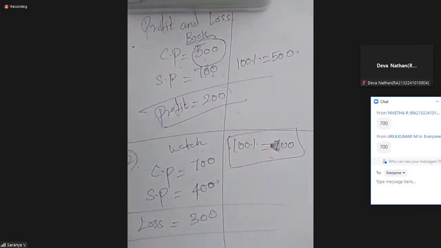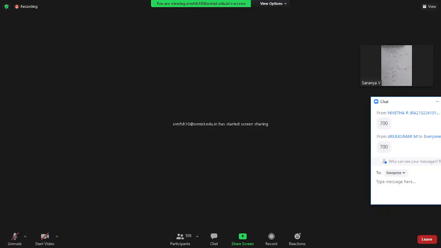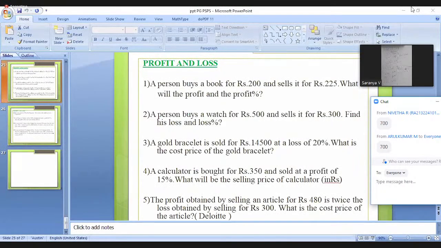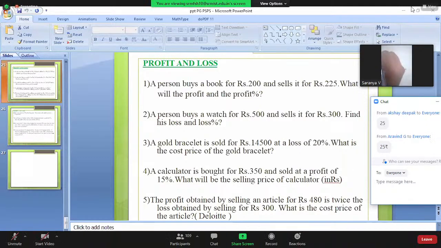Okay. Now come to the questions. The first question is very simple. A person buys a book for 200 rupees and sells the same book for 225 rupees. What is the profit and the profit percentage? First find the profit. What is the profit in this question?